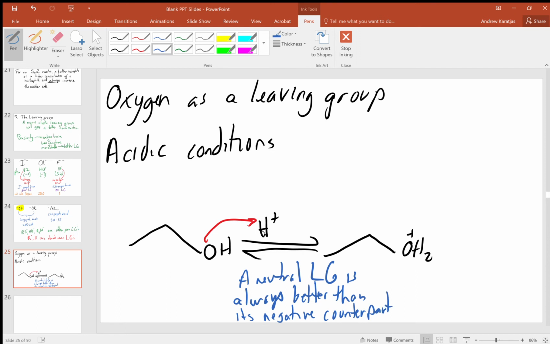And that's what we've done. We've taken the leaving group, which would have been hydroxide, and now by putting a proton on it, it's positive. But when it leaves, because it takes the electrons with it, it'll become neutral.